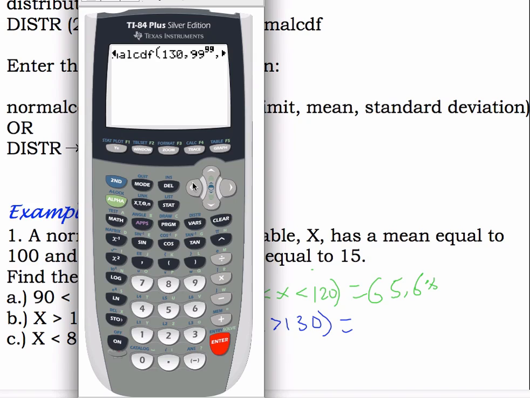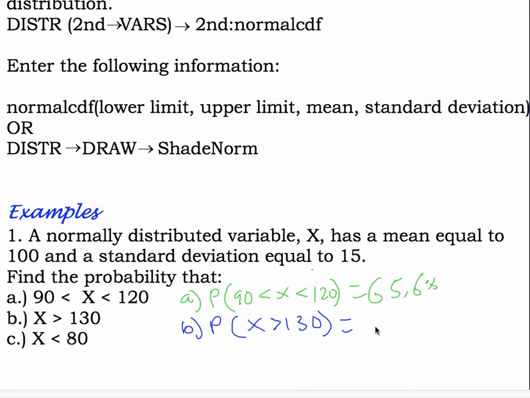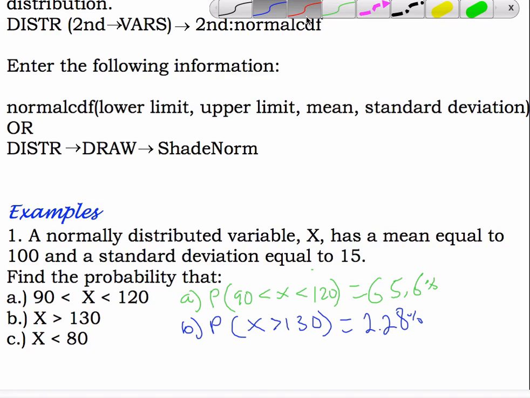Actually, 99 to the power 99 is too big. So let's try 10 to the power of 99. Let's try that again. Okay, so that worked, and it's actually 2.28%. So this is a 2.28% chance.